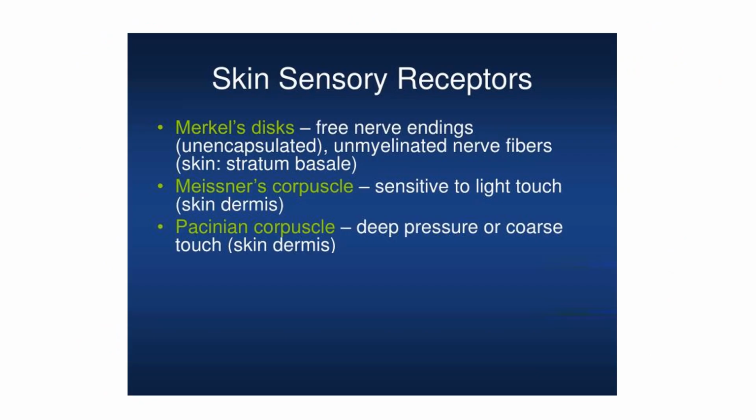Okay, so these are the three skin sensory receptors that you'd like to be able to recognize by name. You have Merkel's discs, and these are basically free nerve endings. They're one of the least differentiated free nerve endings. They don't have a cap, so they're least differentiated. And because they're the least differentiated, they will respond to the most different types of stimuli. These are often involved with pain sensing.